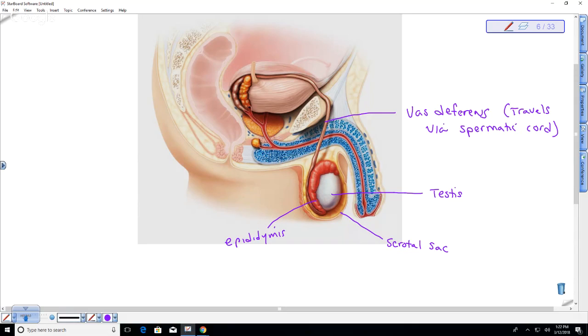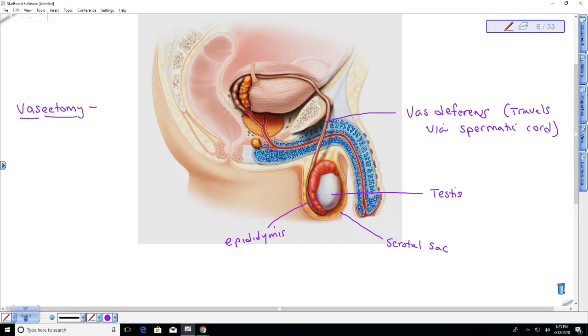So one way that you could decrease the fertility, right, is to cut the vas deferens. So when they talk about a vasectomy, right, ectomy means to cut.